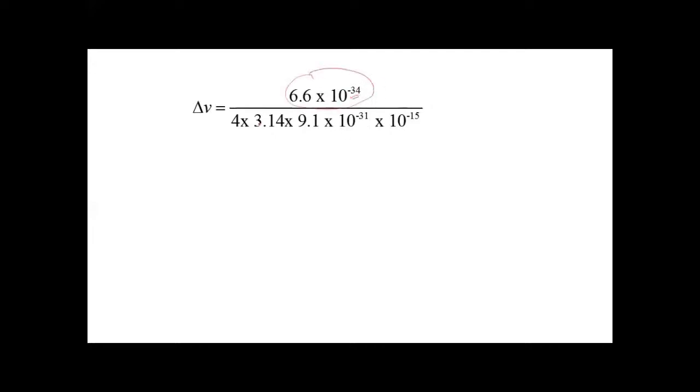When we place the values of h, that is 6.6 into 10 to the power minus 34, pi 3.14, mass of electron 9.1 into 10 to the power minus 31, and diameter of nucleus, that is 10 to the power minus 15, which acts as the uncertainty in position, and calculate, the answer comes to be 5.7 into 10 to the power 10 meter per second.